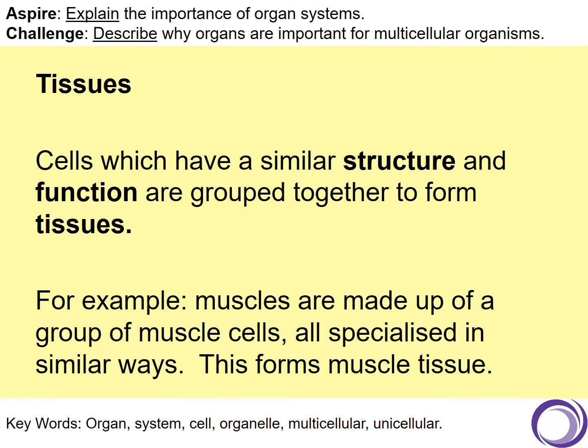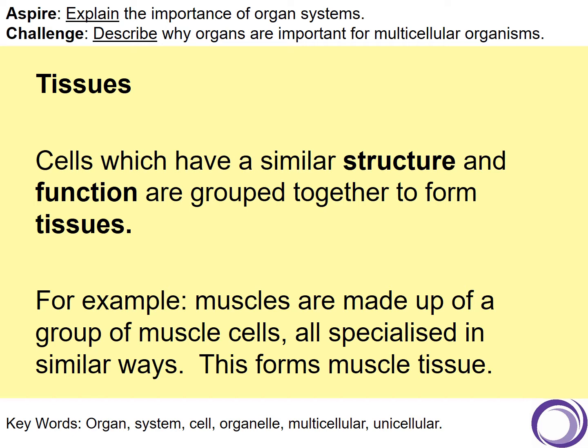So a tissue, this is not your Kleenex and the things that you blow your nose on, but in biology, a tissue is cells which have all grouped together, so they have a similar structure and a similar job. I sometimes think about this as a house: a cell is the brick, but the wall is then the tissue.